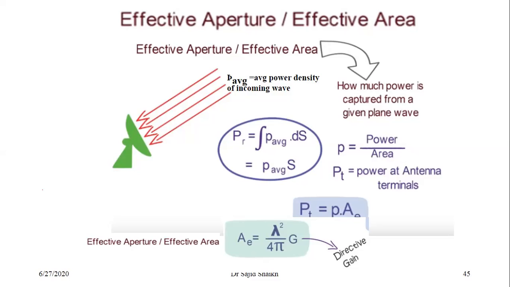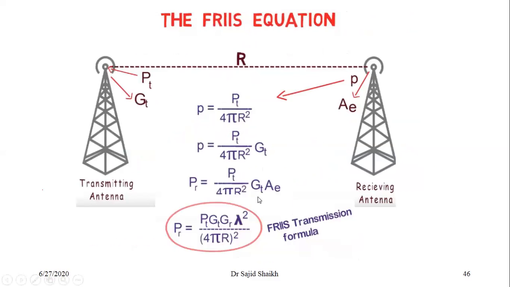Further, we derive the equation: received power is equal to transmitted power into gain of transmitter antenna, gain of receiver antenna, wavelength square divided by 4 pi r square. In some books, the distance between the transmitting antenna and receiving antenna is denoted by d, and in some books by r.